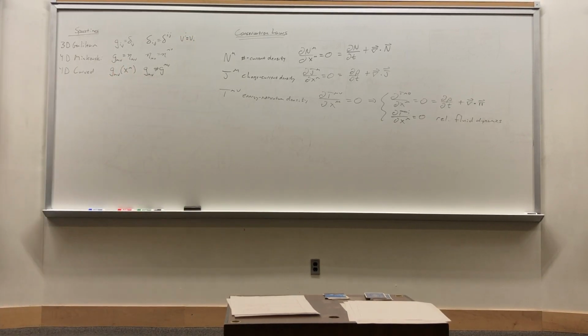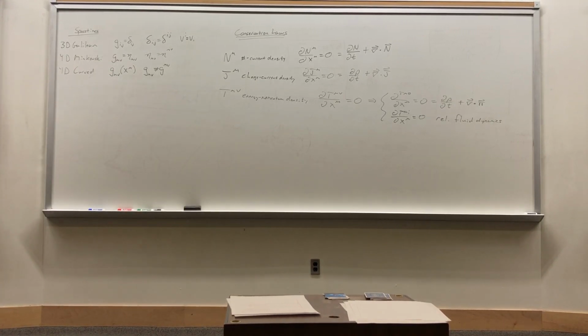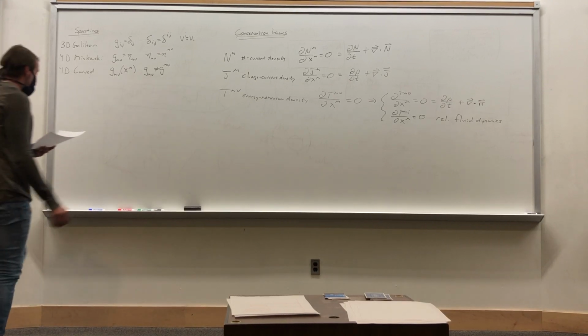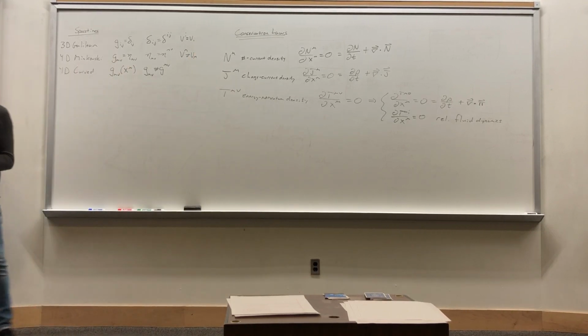Because the metric is the identity in 3 dimensions, the components of a dual vector are the same as the components of a vector. There's no reason really to talk about dual vectors versus vectors. Okay? You know that in special relativity, the components of a dual vector are different than the components of a vector.